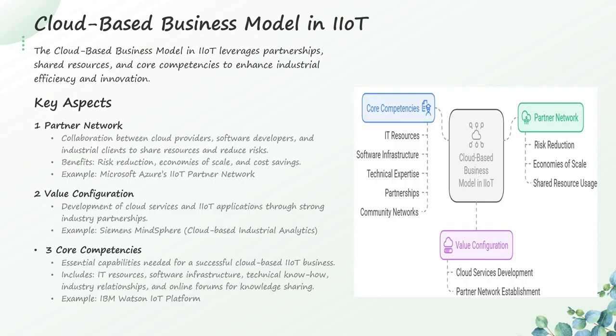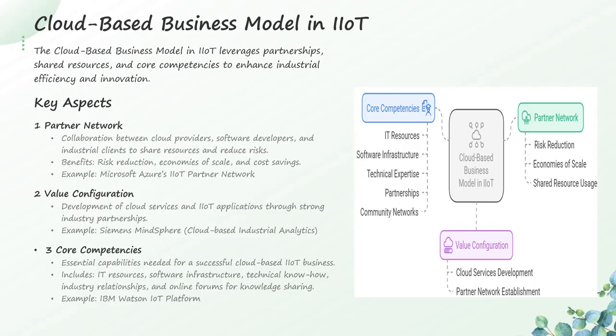Next is know-how, that is, technical expertise in cloud computing and industrial IoT integration. Then you have the relationships, where strong partnerships with cloud providers, manufacturers, and industrial users are maintained. And community networks and forums, that is, online communities that facilitate knowledge sharing, troubleshooting, and innovations.